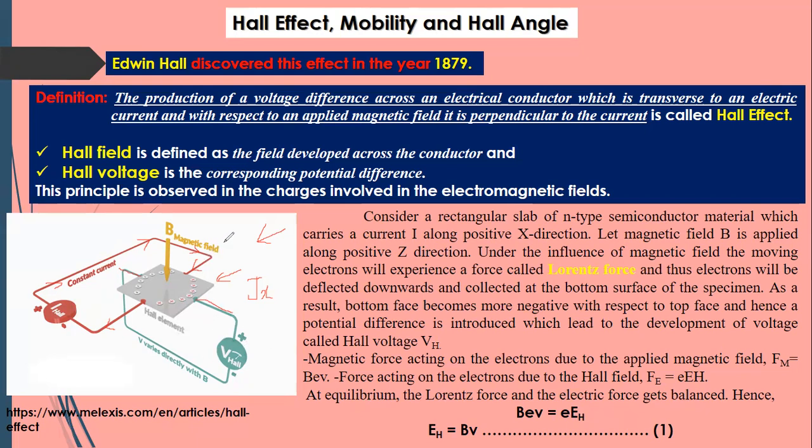If we pass a current through the metal slab in this direction and cross-check the potential difference while the constant current passes through the slab, the potential difference of that voltage is zero. So this is the first stage.